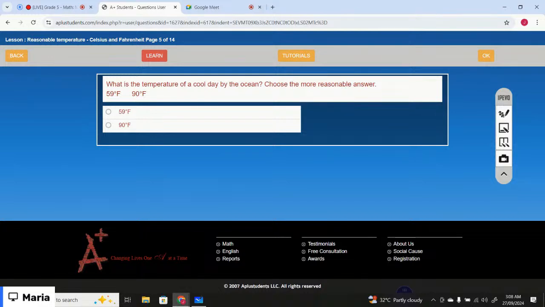Okay, what is the temperature of a cool day by the ocean? Which is the correct option?